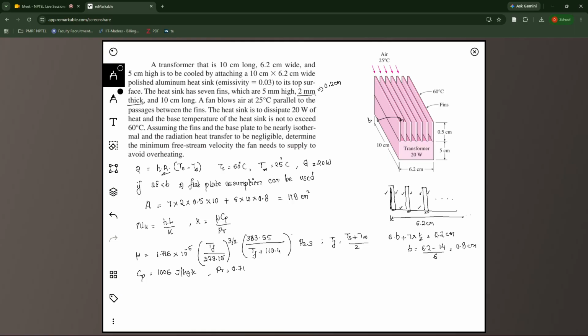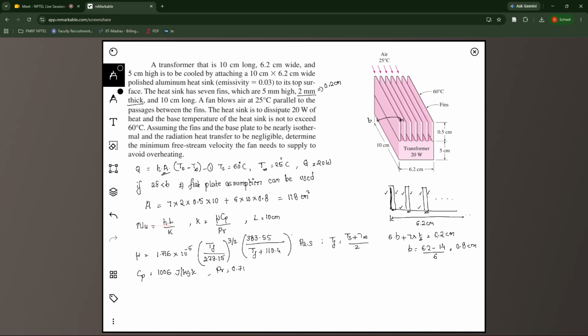L is already given as 10 centimeter. You can substitute all these values, and then from equation 1, Q is given as 20 watt, Ts and T infinite are known, and A value is also given. So you can calculate the heat transfer coefficient. Once you have the heat transfer coefficient, you can calculate Nusselt number.